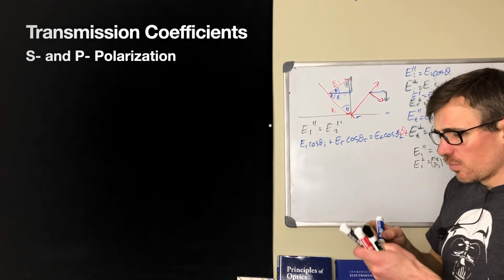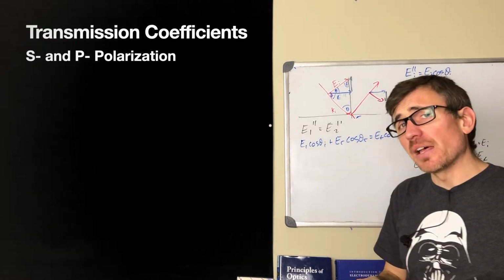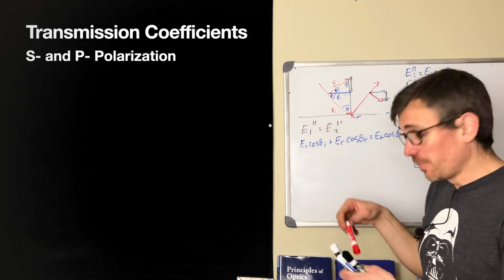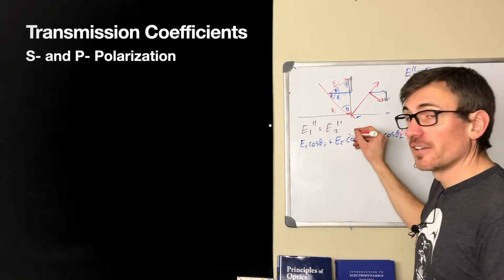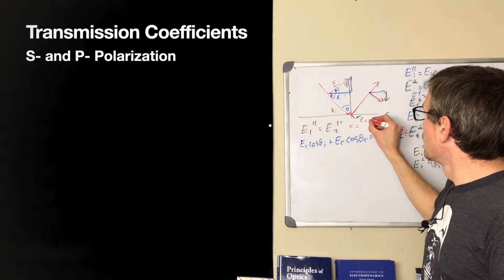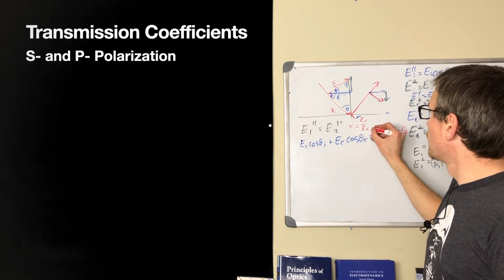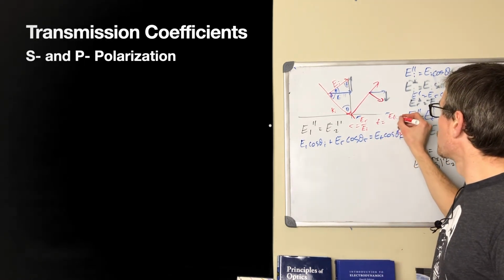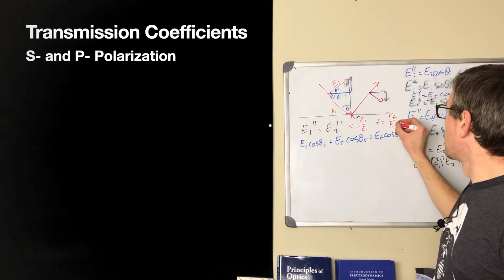Okay, and what we care about is not so much the absolute value of these things, but the ratio between them. So we're going to divide everything by the input, and we're going to define R as the ratio of the reflected field to whatever came in, and T similarly as the ratio of the transmitted electric field to whatever came in.